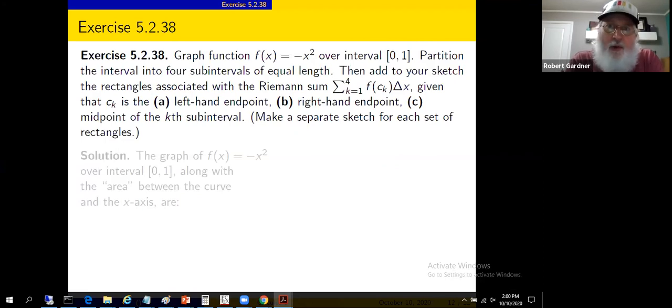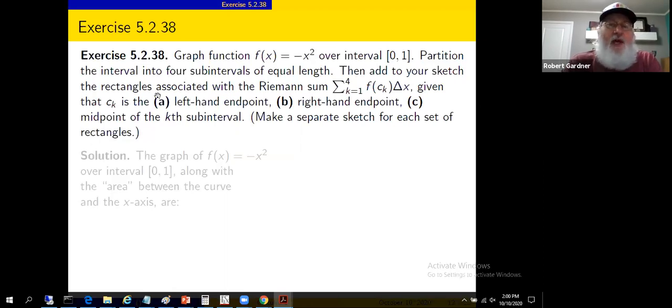I got a lot of air quotes to throw in if I talk about areas in this one. Let's talk about Riemann sums. And then you just know that there's some concerns over area interpretation. The Riemann sum is unambiguous. Partition the interval 0, 1 into 4 subintervals of equal length. Okay, we don't have to use equal length intervals, but they've told us to.